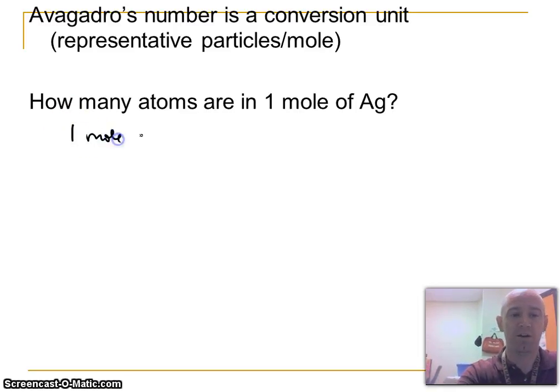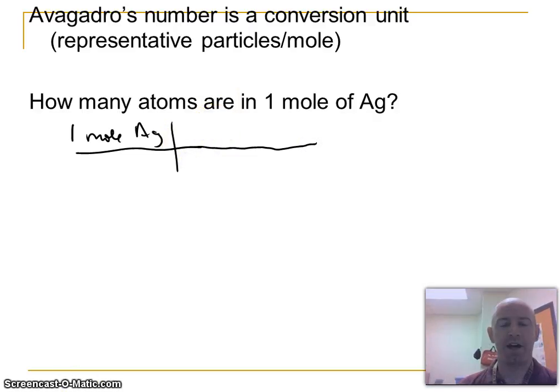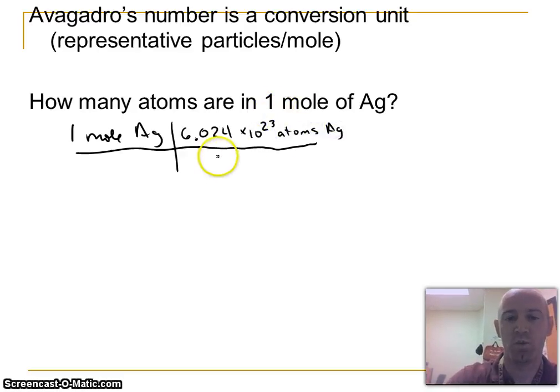1 mole of silver. Everyone right now just got a weird tingly feeling in the back of their neck, that feeling of dread. And our conversion factor is going to be Avogadro's number. We are trying to go from moles to atoms. There are 6.02 times 10 to the 23rd atoms of silver in 1 mole of silver.